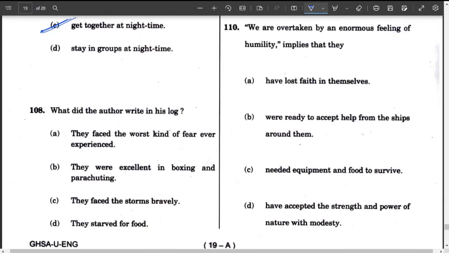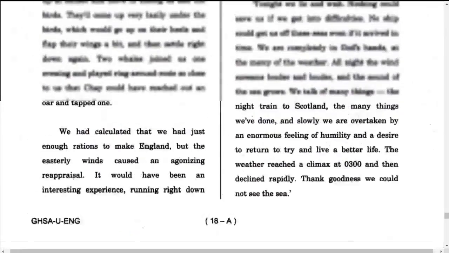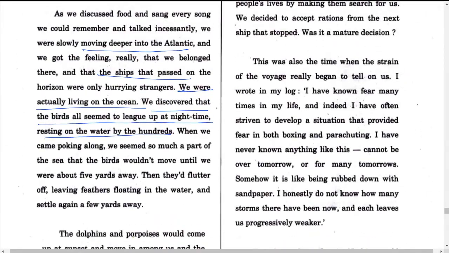Next, what did the author write in his log? Where is this? In his log, he wrote, look at this. I wrote in my log, I have known fear many times in my life, and indeed I have often striven to develop a situation that provided fear, in both my boxing and parachuting. I have never known anything like this in my life.